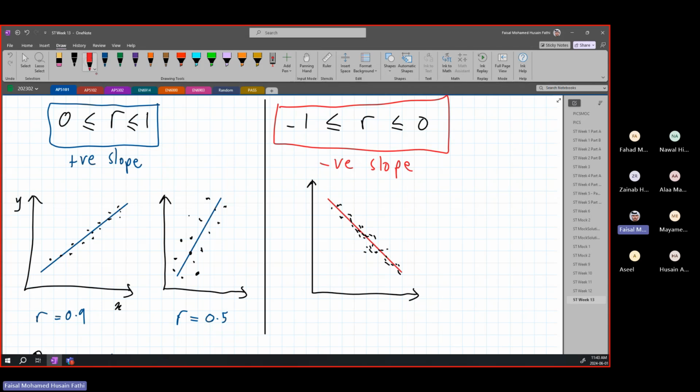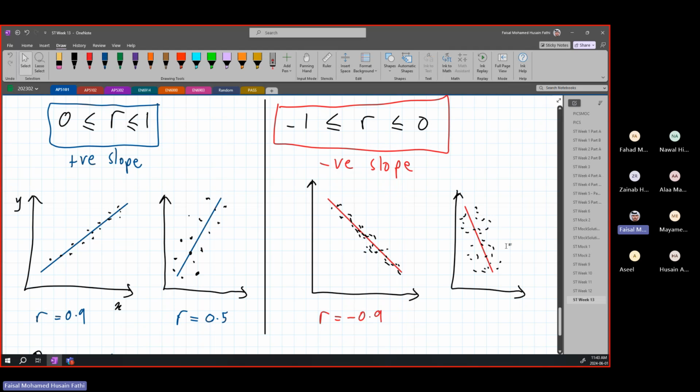Again, the R value is going to be, instead of positive, negative 0.9. That's the only difference. And let's say we have another line where the points are scattered a bit more, something like this. These are your data points.